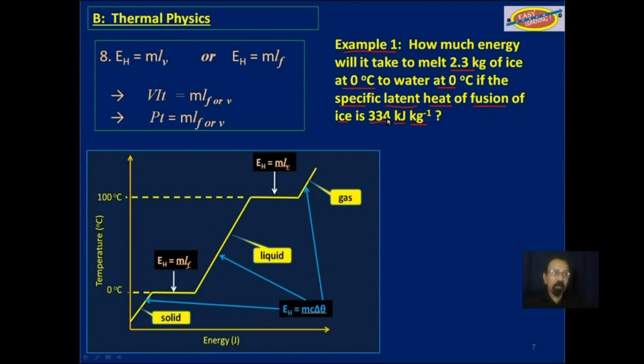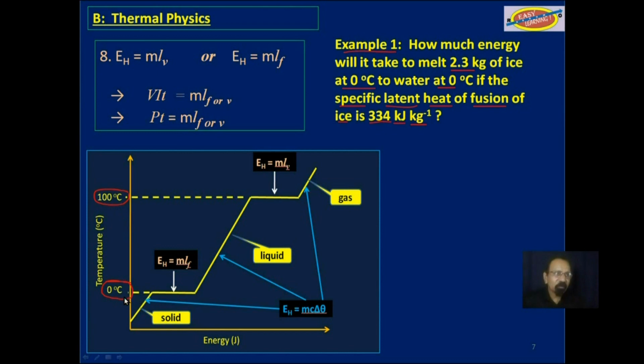So we will make a little drawing to find out where we are and where we need to get to. So if we are dealing with water, the melting point of ice is 0, the boiling point of water is 100. So we make a little sketch like that, and then we put in the starting point. Where are we starting and where do we need to end?